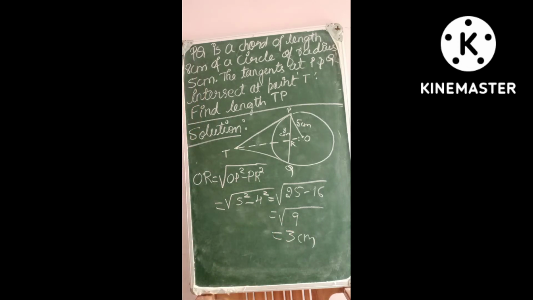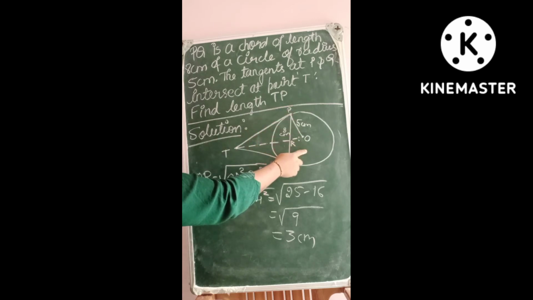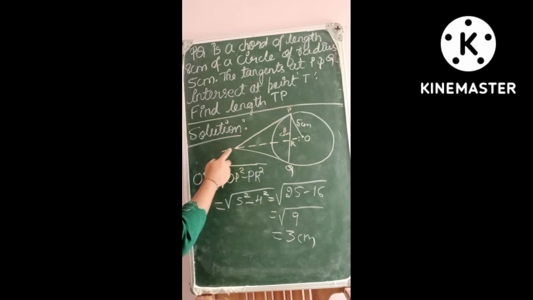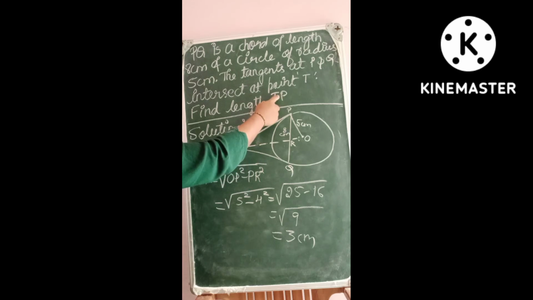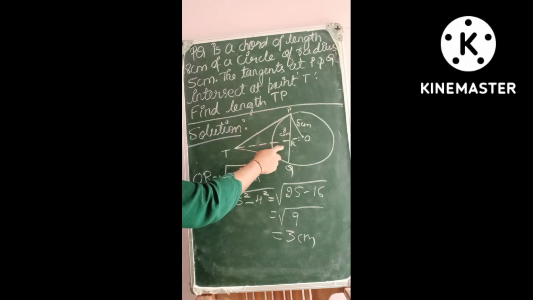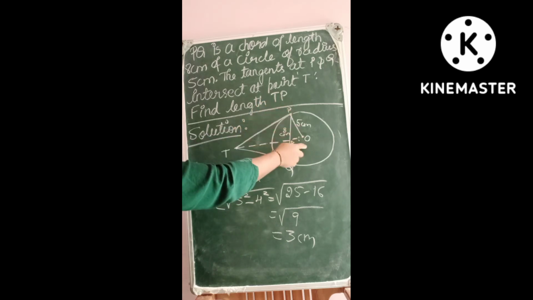Now here angle TPR plus angle RPO is equal to 90 degrees. Therefore angle RPO is equal to angle PTR, we can say. Therefore the right triangle TRP is similar to the triangle RPO.